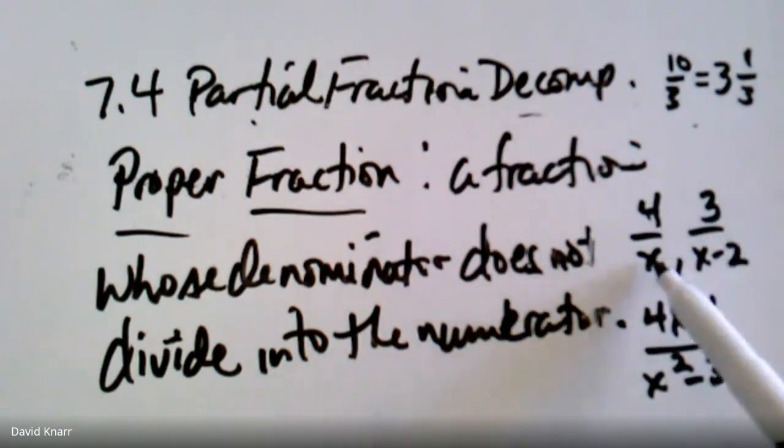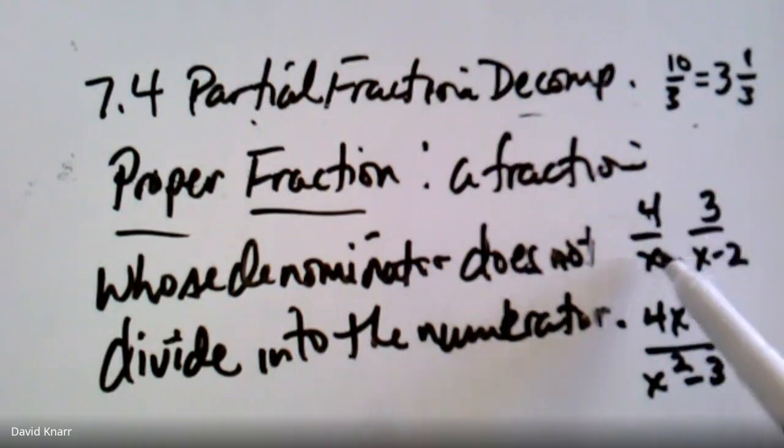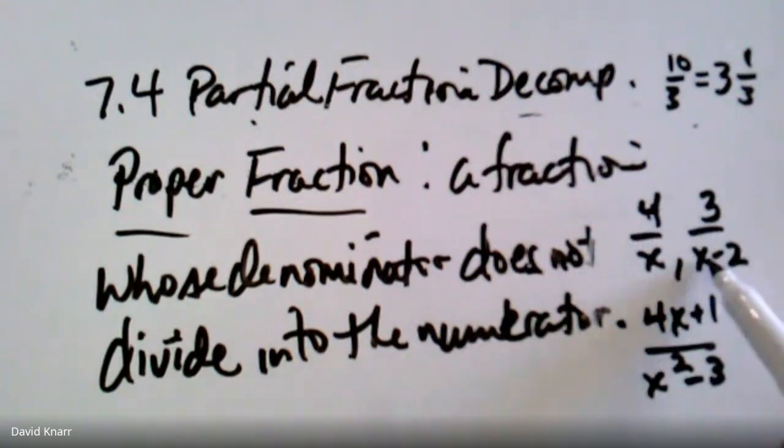The degree on the bottom is larger than the degree on the top. This is degree 1, this is degree 0. This is degree 1, that's degree 0. This is degree 2, that's degree 1. All of these are also considered to be proper.